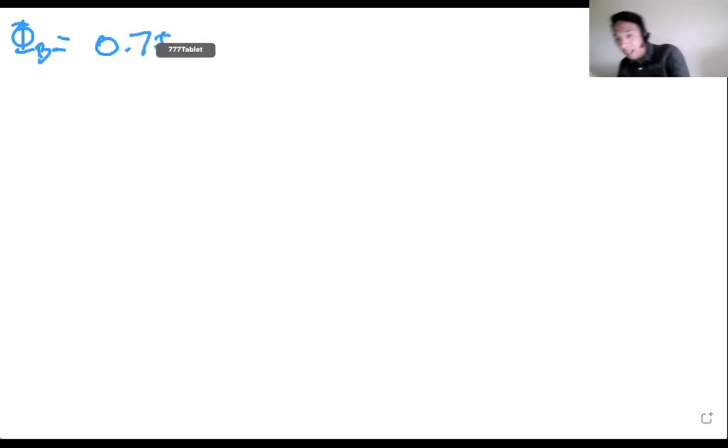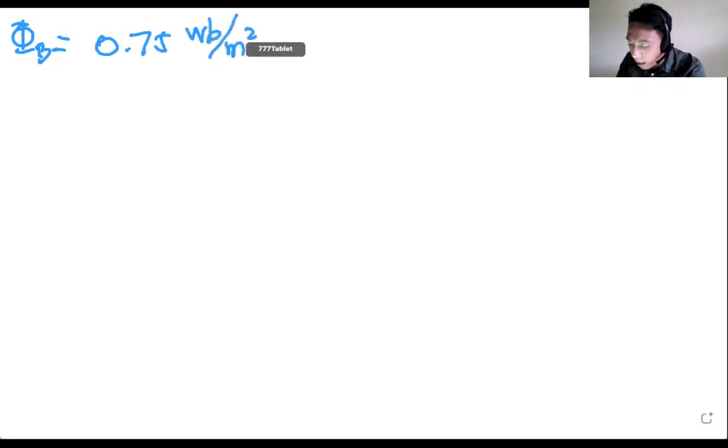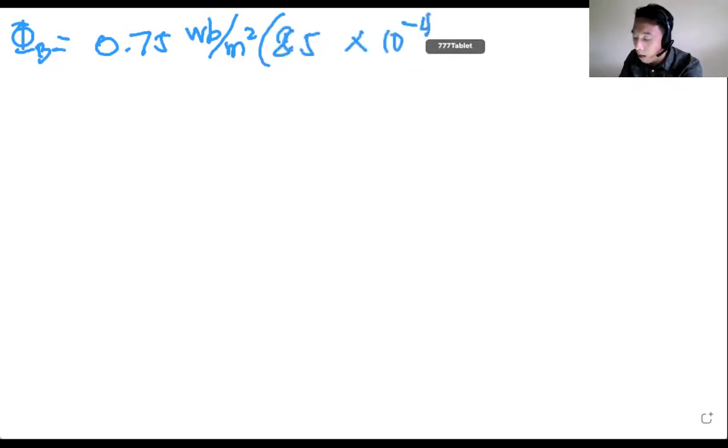Instead of Tesla, I will change that into Weber over meter squared, multiplied by the cosine of 90 degrees, which is for the word perpendicular, so that is 1, and multiplied by 8.5 times 10 raised to negative 4 meter squared.